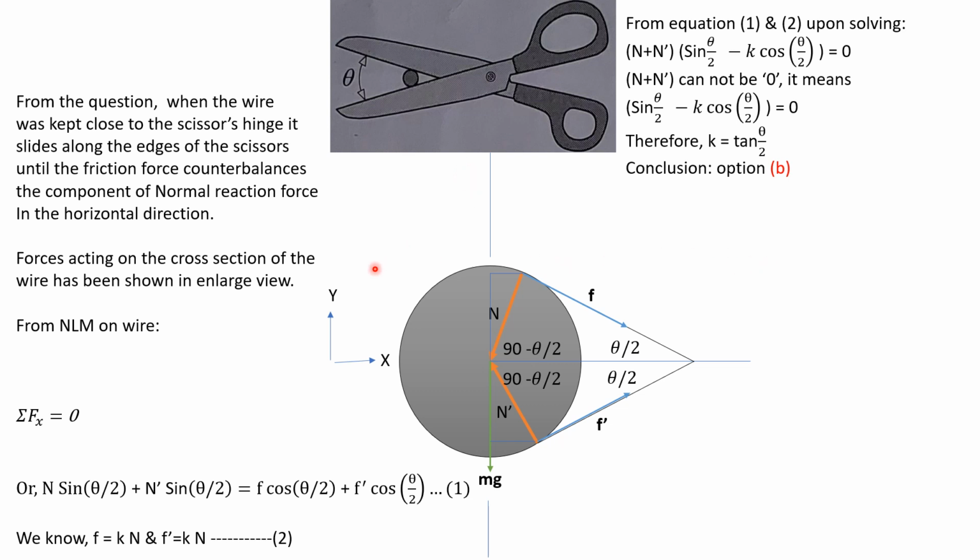So here is the diagram which we magnified to show what all forces are acting on it. This is the cross section of the wire. N is the force which is acting on the wire due to this edge, because this edge is pressing the wire.